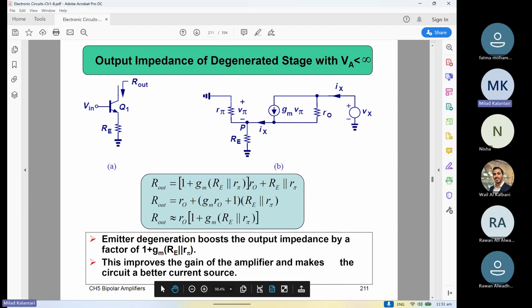So here we are trying to figure out the output impedance of this circuit. Initially we ignored this RO of the device, right? If we ignore it, it's going to be infinity. But in some cases you need to really consider this.